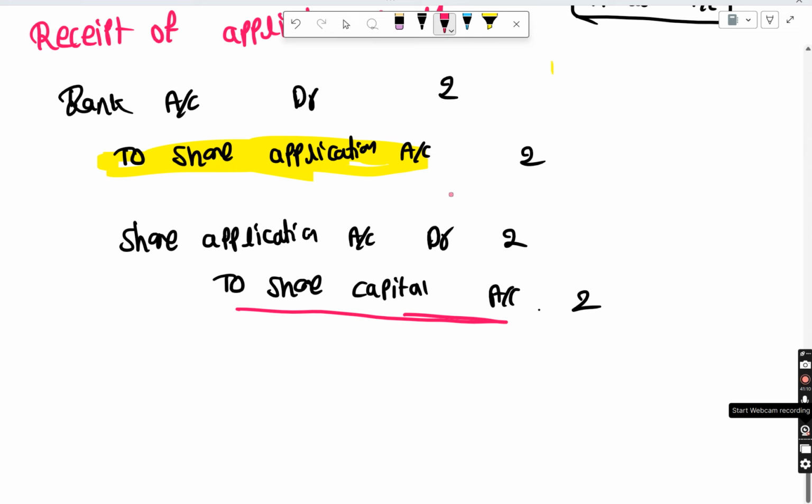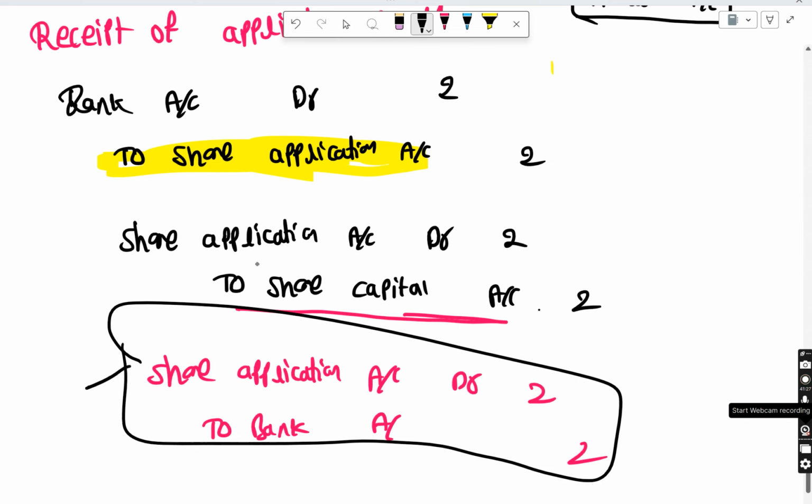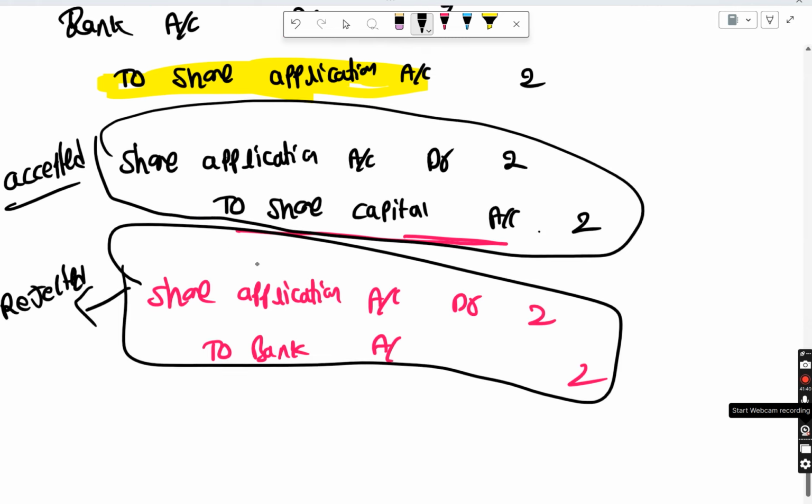So our bank balance will decrease. Bank is an asset, and when an asset decreases, you credit it. Share application account debit to bank account, 2 rupees. This is when it is rejected. The earlier entry is when it is allotted or accepted. Okay, next.